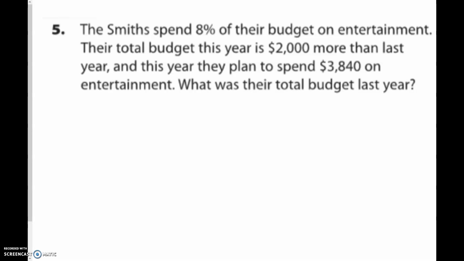So what they're saying is they're going to do 8%. So 8%, remember if this is 8, the decimal's here and we have to go 2 places. So 0.08. So we're going to take 8% of what? Well, they made, I don't know how much last year, 20,000, 15,000, 17,000, we don't know.